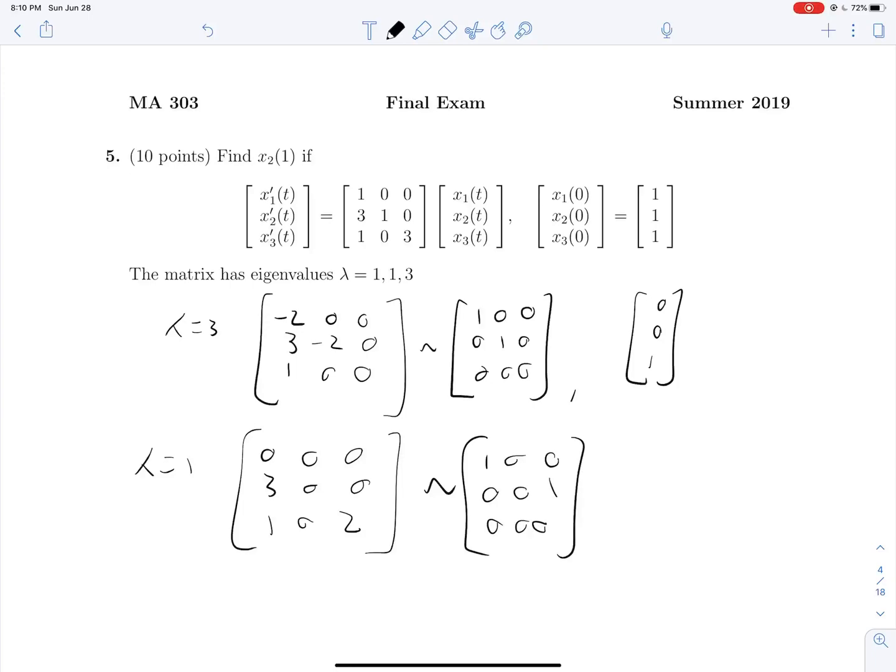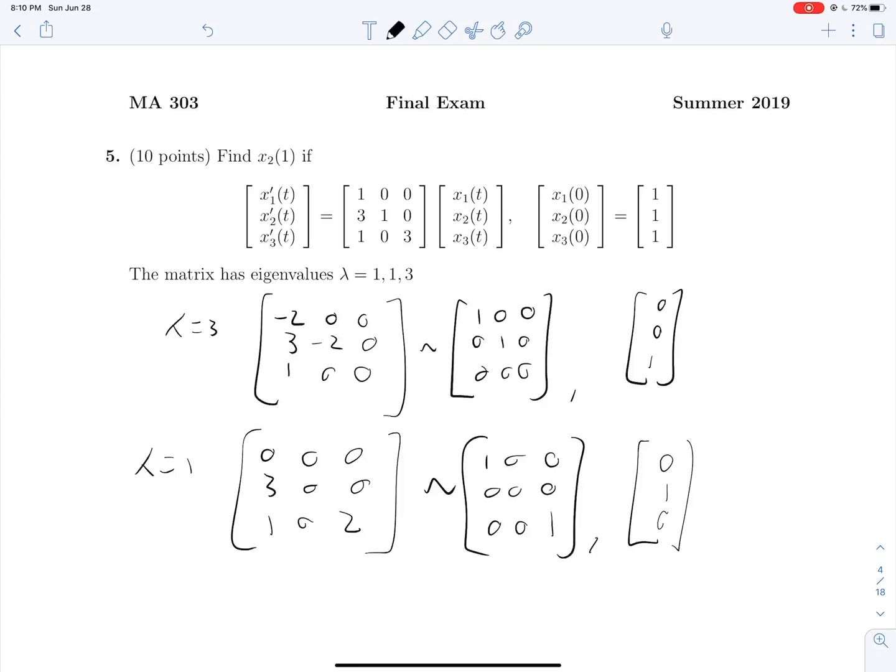Sorry about that. Really, I should write it like this: 0, 0, 0, 0, 0, 1. So because x2 is our free variable here, our eigenvector is 0, 1, 0.